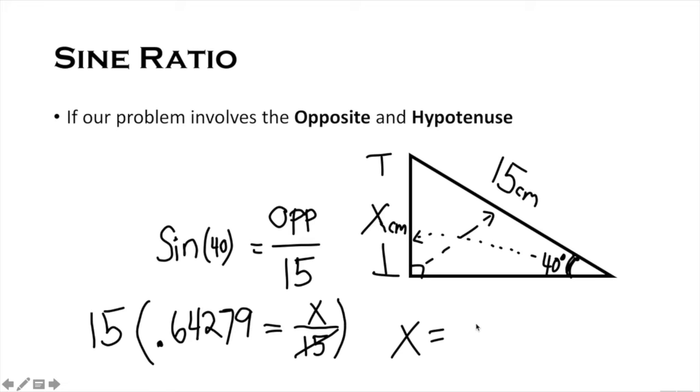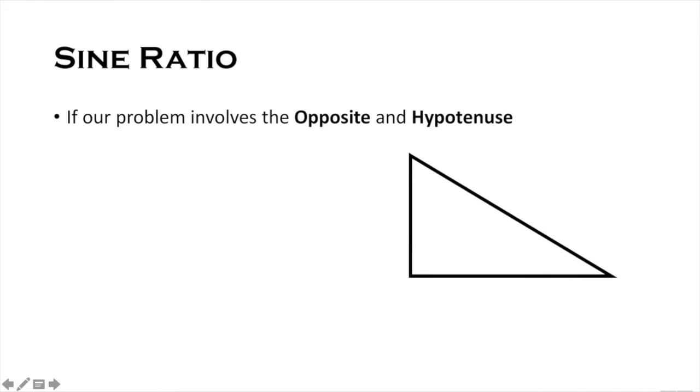So in this particular example, x would be 9.64. That is the decimal that I'm getting out of my calculator right now. And so that is what the answer would be, plain and simple, if we're using the units of centimeters. And there you go, 9.6 centimeters.